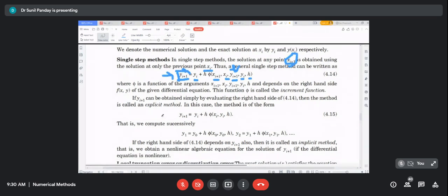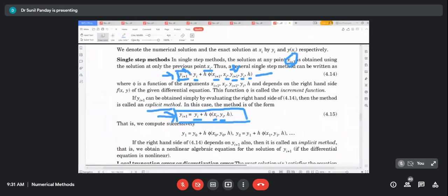And then if the evaluation of yi plus 1 requires only xi and yi, so it does not require the evaluation of yi plus 1, then such a method is known as explicit method.